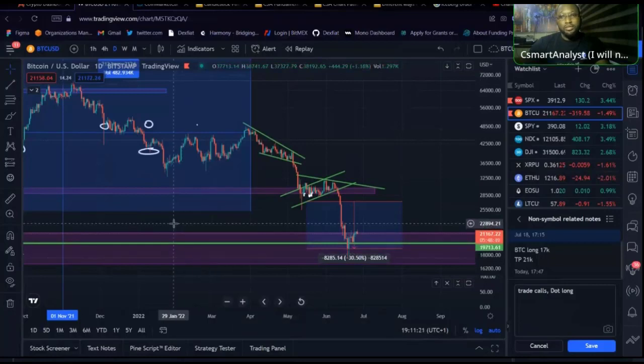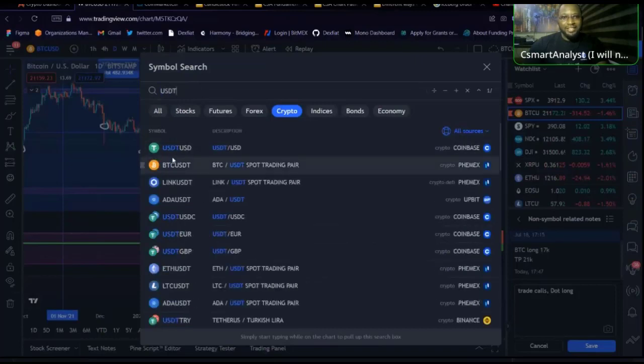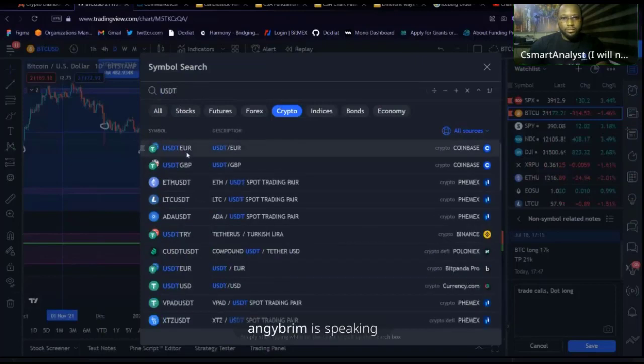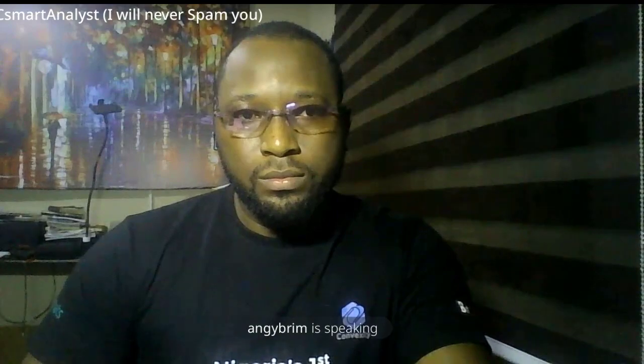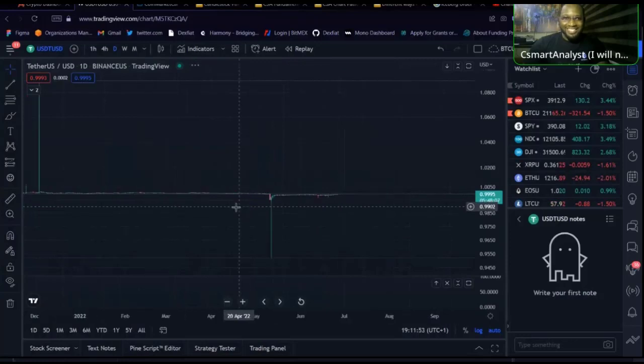USDT to what? USDT to USDC or what? Which pair? USDT to USD. That's a stable coin. I'm trading on Binance. I don't expect anybody to trade on this, but let's see.